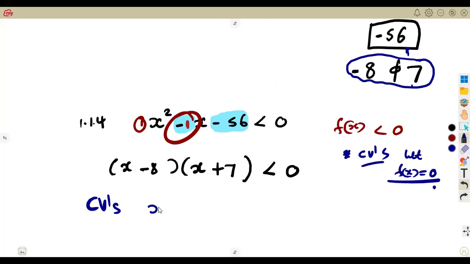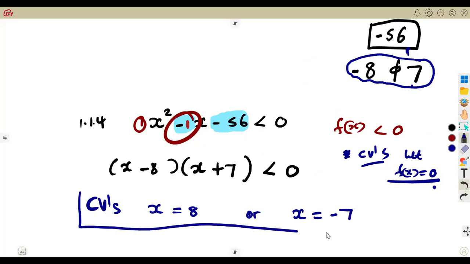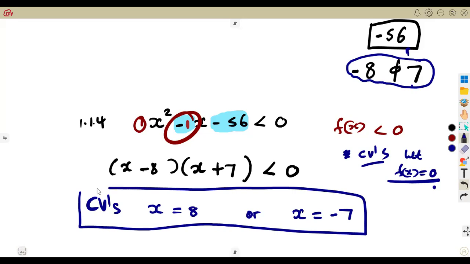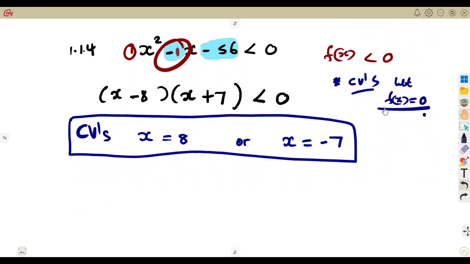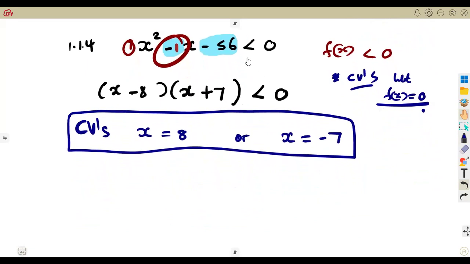So meaning x is going to be what? Minus 8 to the other side will be equal to positive 8, or x is equal to, the 7 to the other side, negative 7. So these are our critical values, the ones that we are going to use to determine the exact solutions of the inequality.